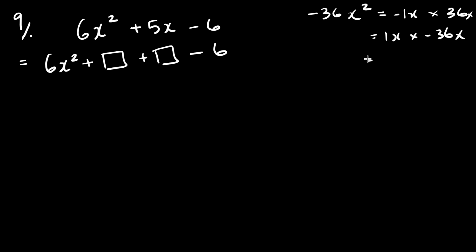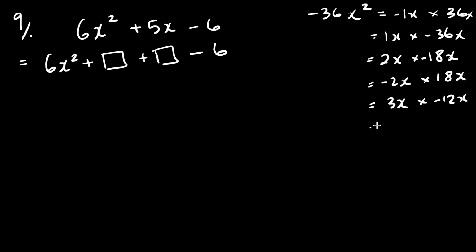What else? 2x times negative 18x, or negative 2x times 18x. We could go 3x times negative 12x, or negative 3x times 12x.